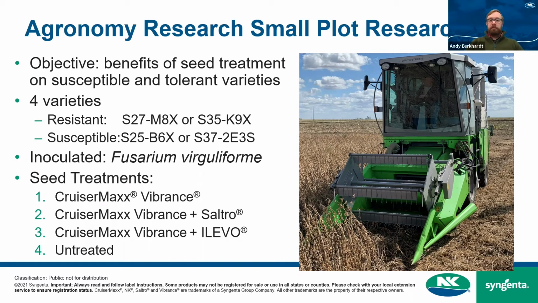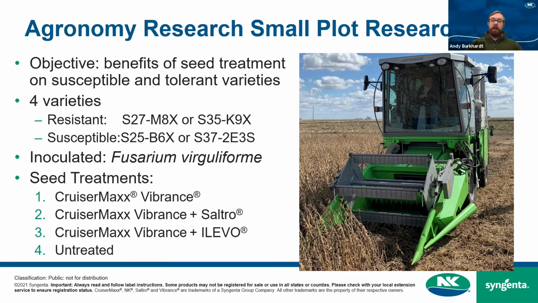So given the geography that our team covers, we had two sets of varieties. Our northern set included S27 M8X as the resistant and S25 B6X as our susceptible. Our southern set was S35 K9X as the resistant and S35 2E3S as a susceptible. So our base seed treatment, again, was Cruiser Max Vibrance.